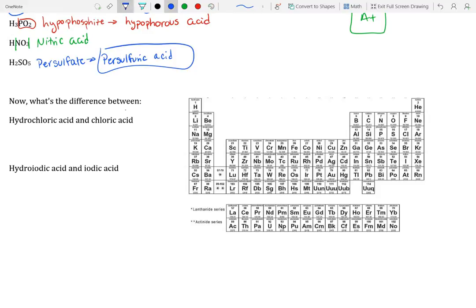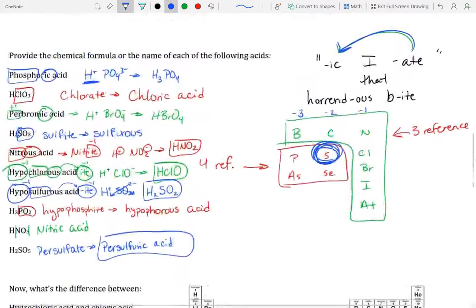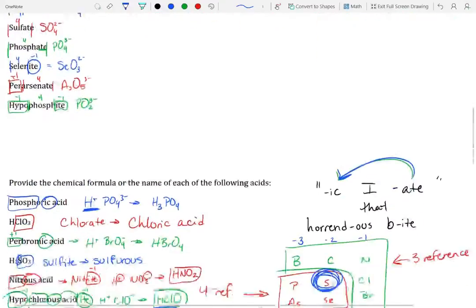So when you see hydro, what I always like to think of is a 1-to-1 ratio. When you see hydro, you know you're going to have 1 proton with 1 halogen. No oxygens involved, like how we just spent the last half hour doing over here.